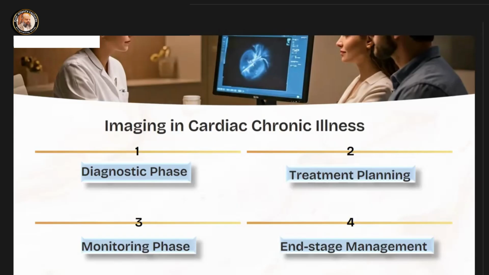The end stage management includes imaging, which helps determine timing for advanced intervention like VAD or transplant, with nurses supporting families through difficult decisions informed by imaging findings.